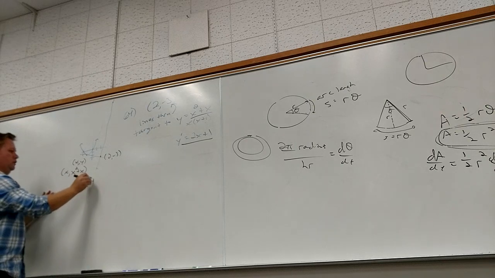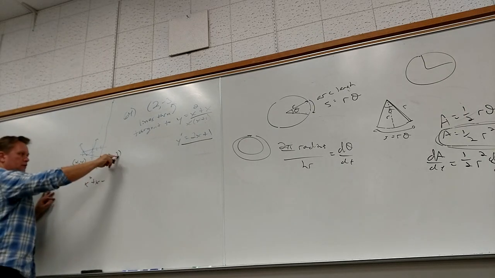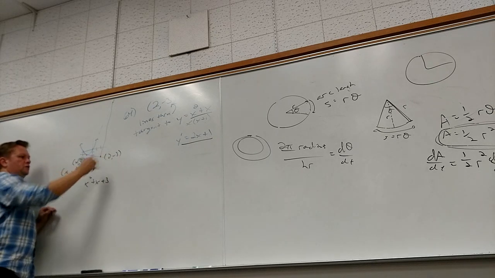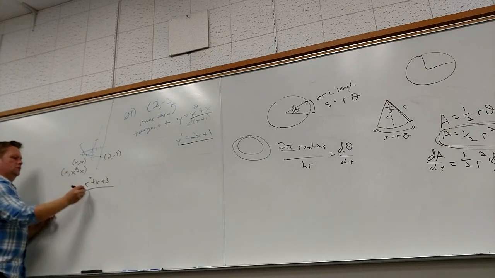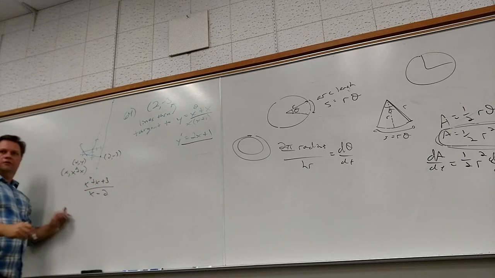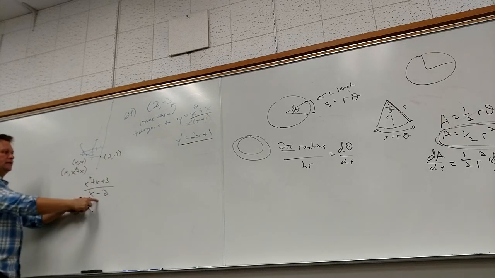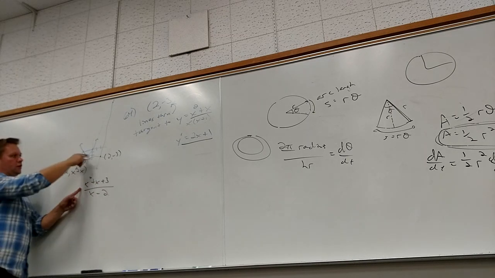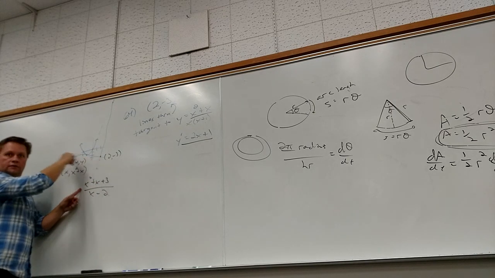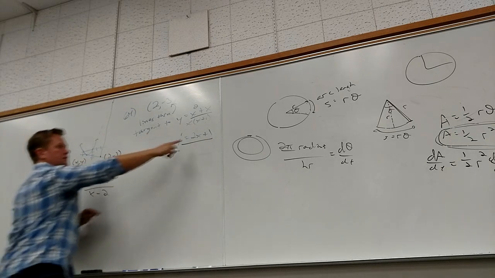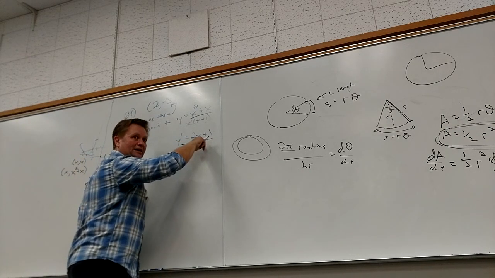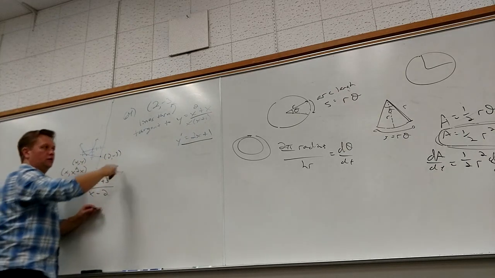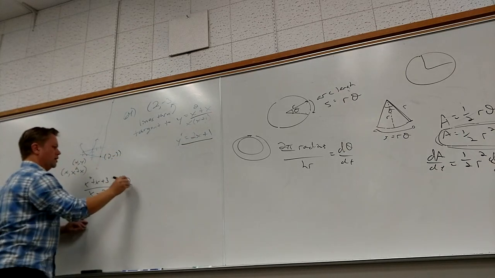So I would do x squared plus x minus negative 3, plus 3, sorry, over x2 minus x1. So what is that? That is the slope of the tangent lines. So this better equal that.